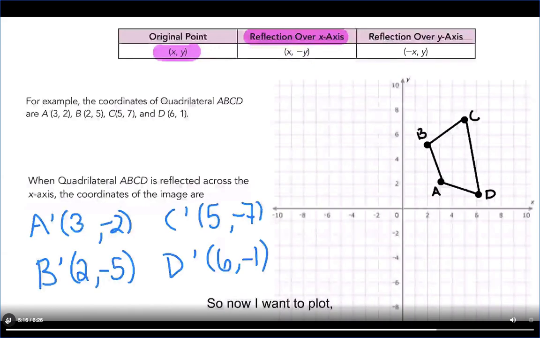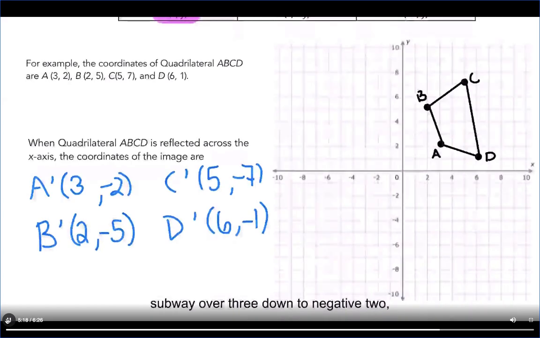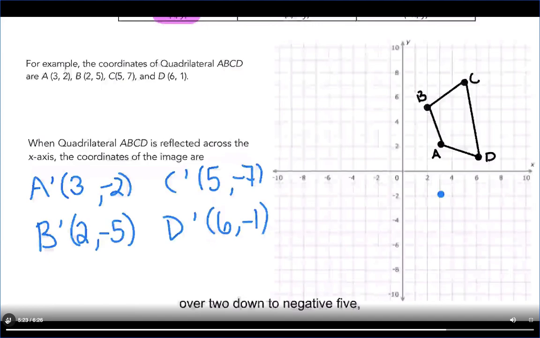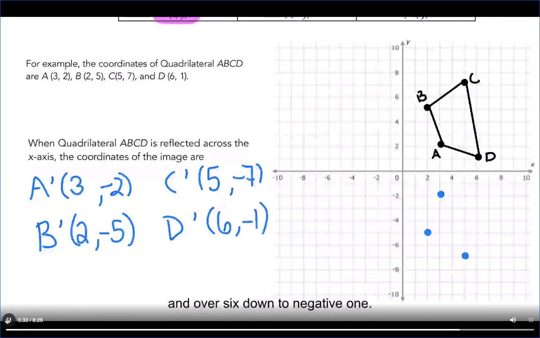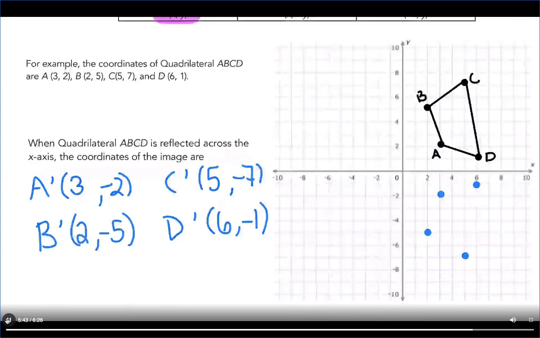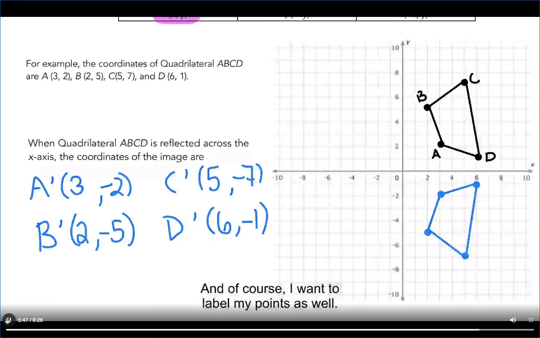Now I want to plot. I'm going over 3 down to negative 2, over 2 down to negative 5, over 5 down to negative 7, and over 6 down to negative 1. Now I want to connect my points, and of course I want to label my points as well.